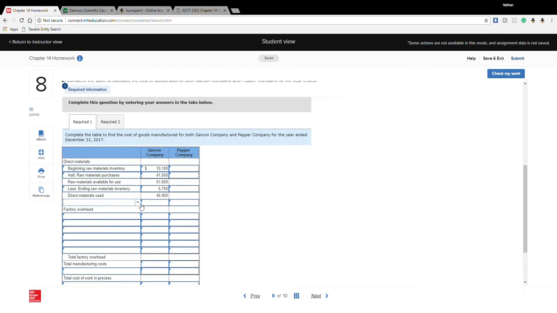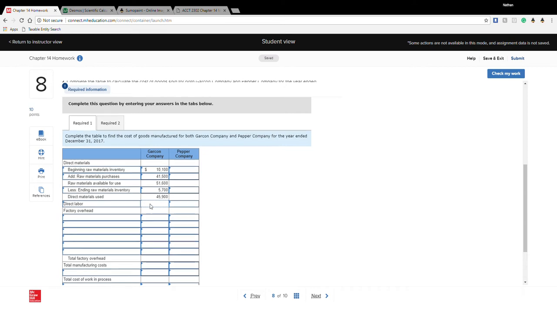So next one, if we notice again, total manufacturing cost is the big three. Well, we have direct materials, we have direct labor. Well, we didn't have direct labor, that was blank, but we had factory overhead. So again, all it is is filling in the missing third.